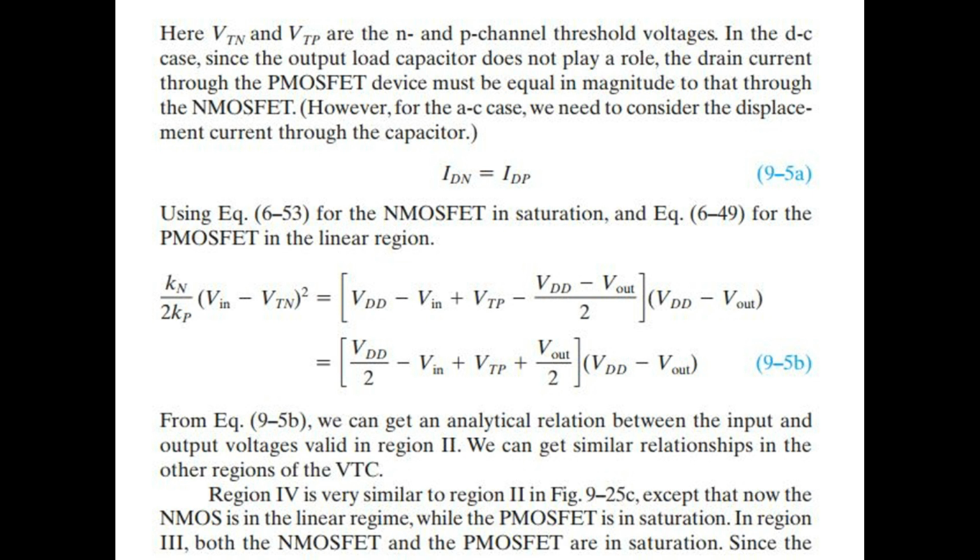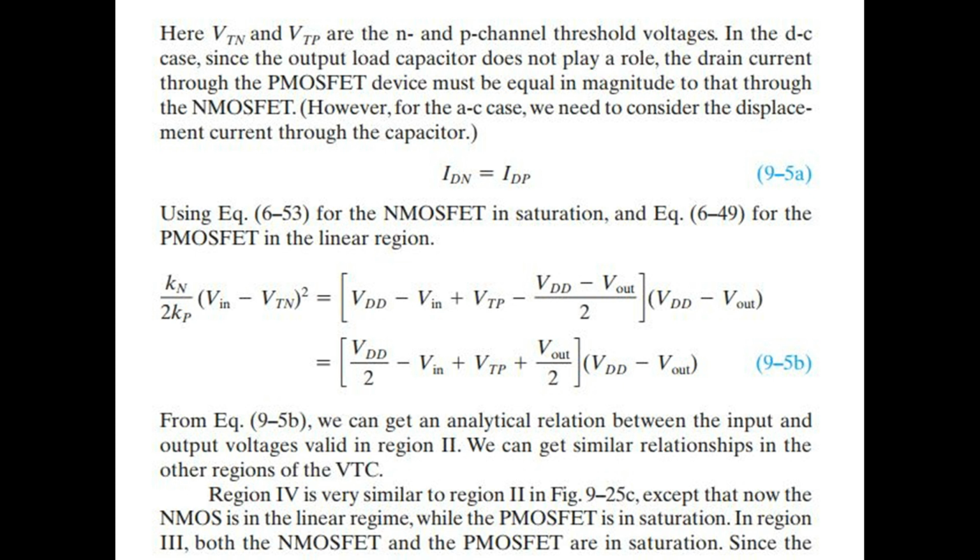Using EQ 6.53, for the NMOSFET in saturation, and EQ 6.49, for the P-channel MOSFET in the linear region, from EQ 9.5b, we can get an analytical relation between the input and output voltages valid in region 2. We can get similar relationships in the other regions of the VTC.